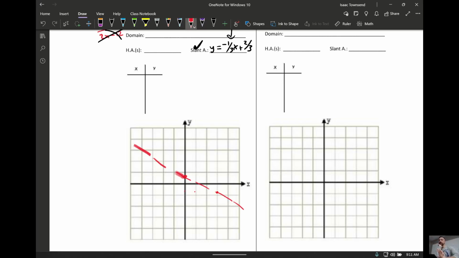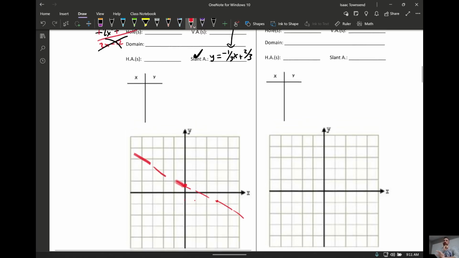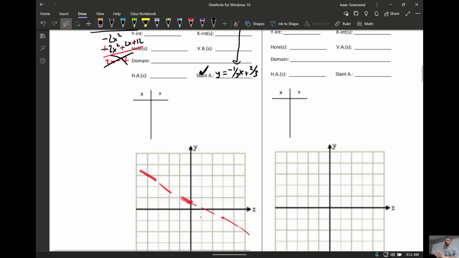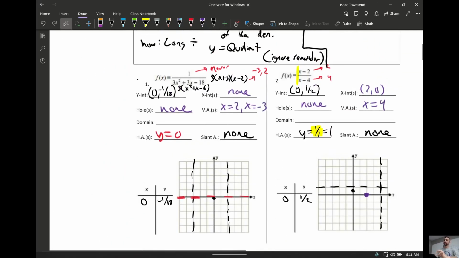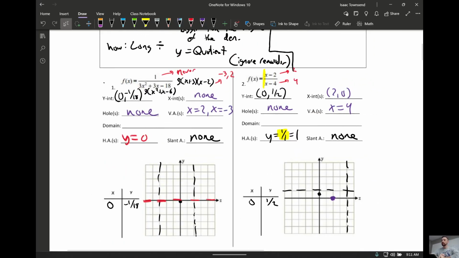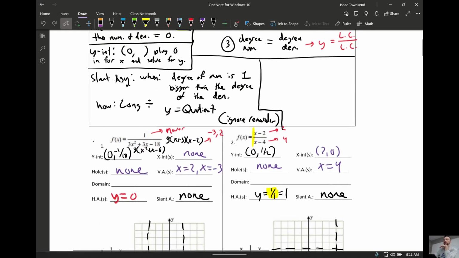Okay, let's go back to questions 1 and 2, and let's talk about the graphing piece, how to find the domain, and we'll write in a little bit of notes for domain. Actually, we can go ahead and do the domain right now, it's fine.